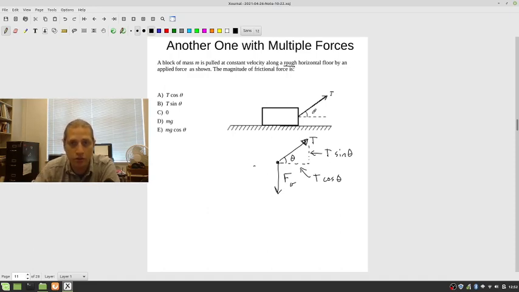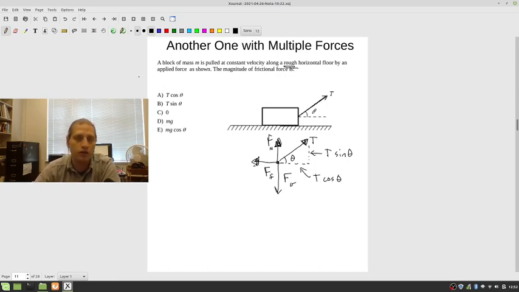Now, there's also the rough horizontal floor, so I'm going to have some force of friction. The force of friction opposes the direction of motion, so if I'm pulling this way, the force of friction is going to be the other way. So there's my force of friction. And what else do I have left? The force from the floor, the normal force. There is my Fn, my normal force.